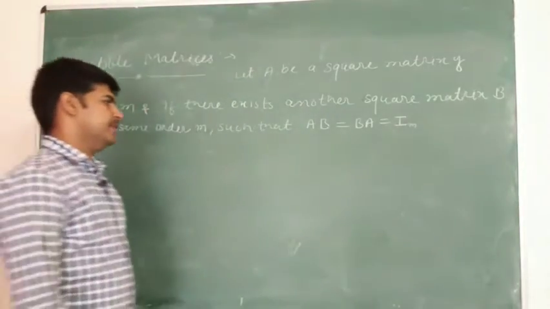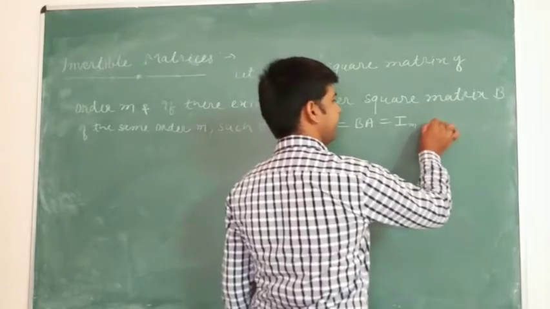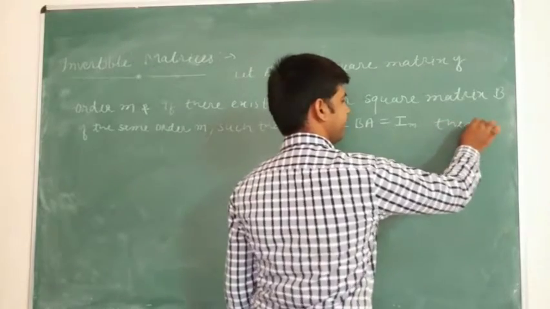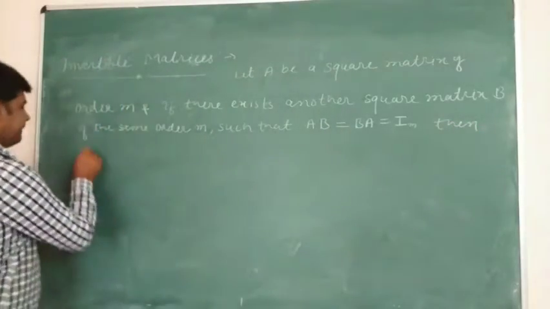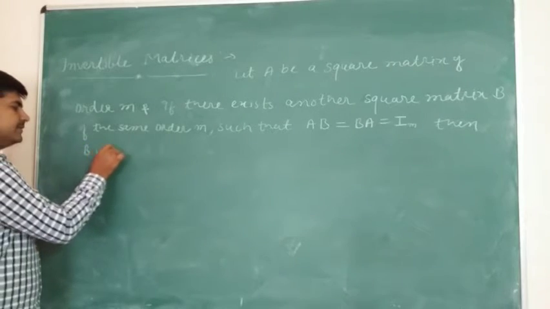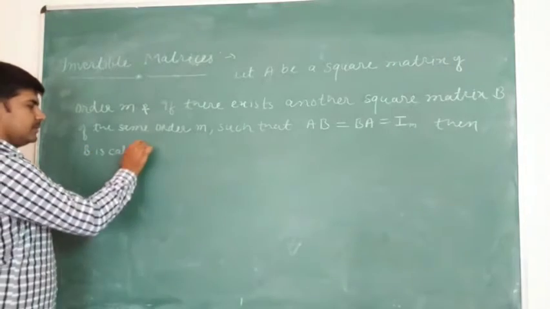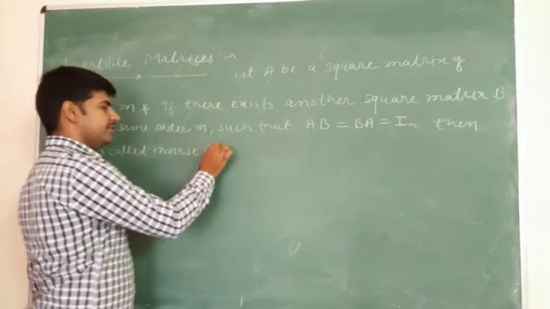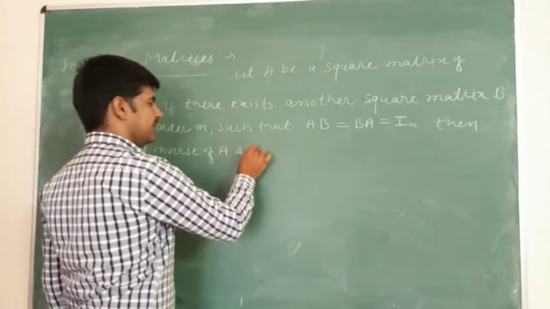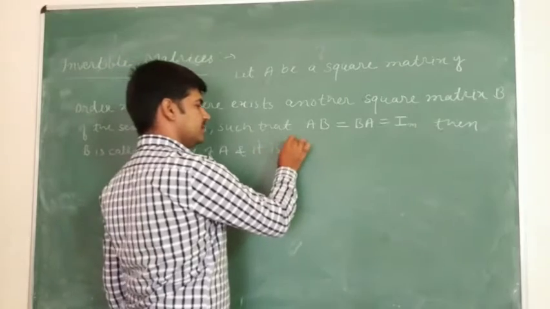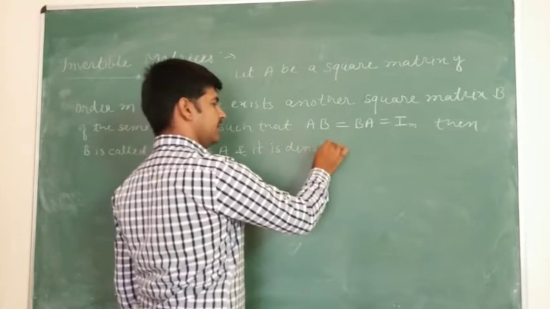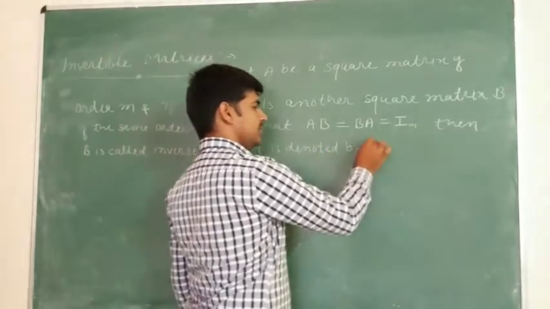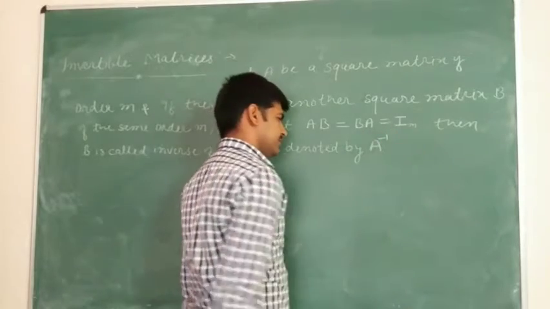Then B is called inverse of A and it is denoted by A inverse.